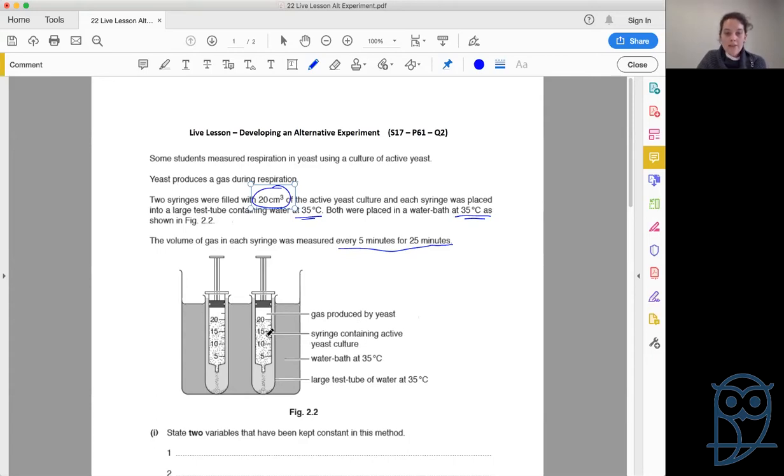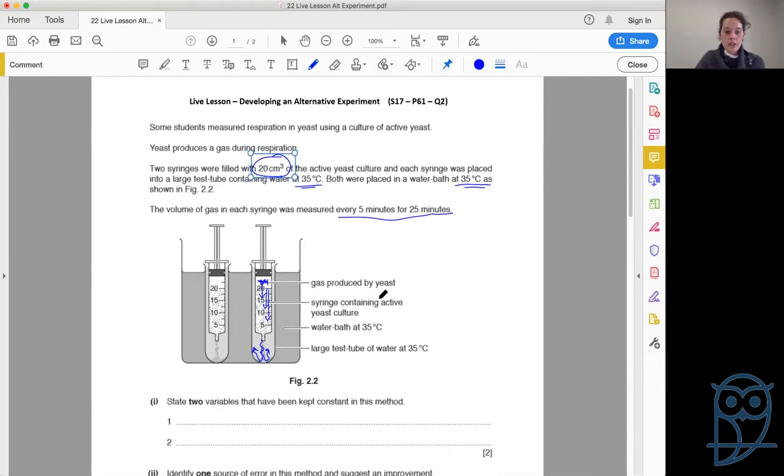So as this yeast produces gas, this is going to get bigger and bigger and bigger, more gas in here, which means it's going to force the level of the yeast down, and the yeast can just run out here into the water. So the more gas that is produced, the more our level of yeast is going to drop in our syringe.